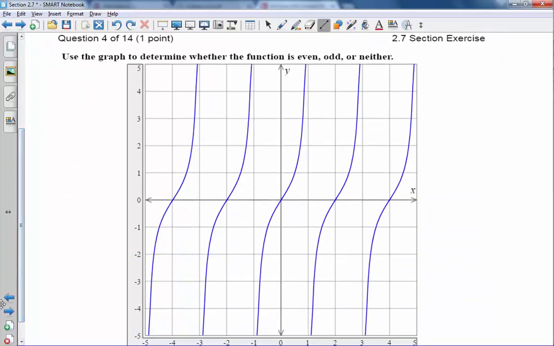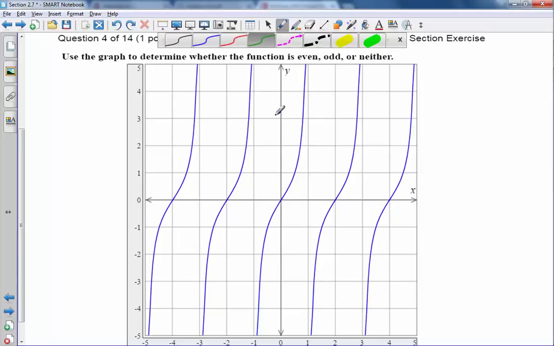Question number 4. What kind of symmetry do you have here? And what kind of function then? You need to check for y-axis symmetry and origin symmetry. Anyone? Y-axis. It has y-axis symmetry. How do we check y-axis symmetry? You pick any point on this curve.